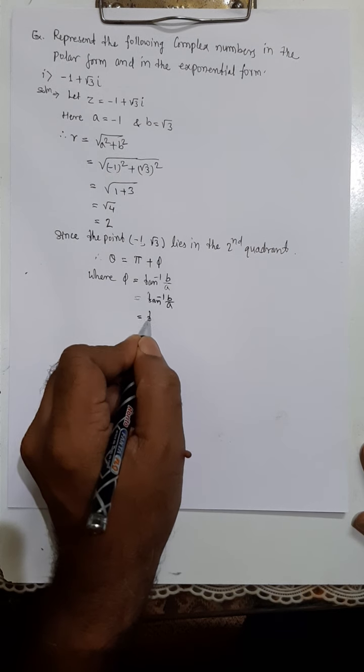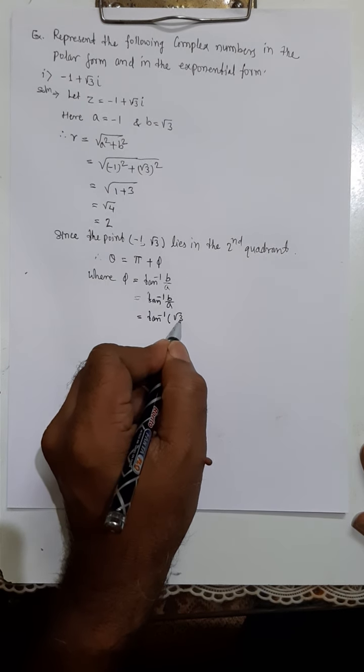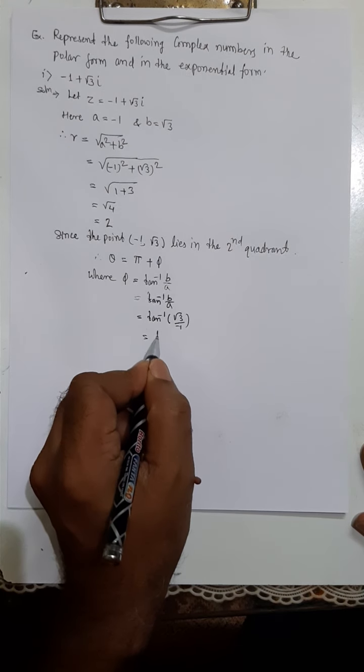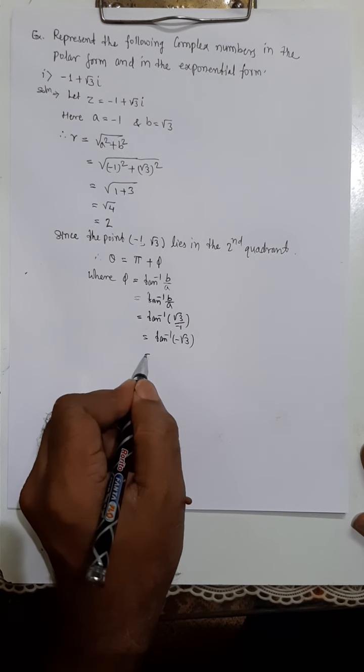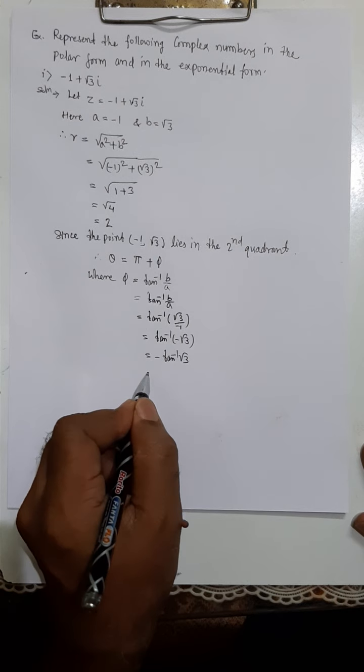So it is equal to tan inverse, here b is root 3 and a is -1, that is tan inverse of minus root 3, and that is minus tan inverse root 3.